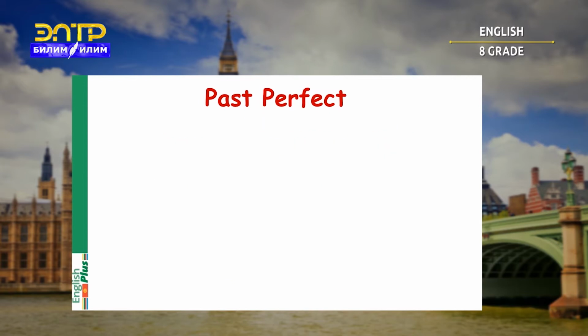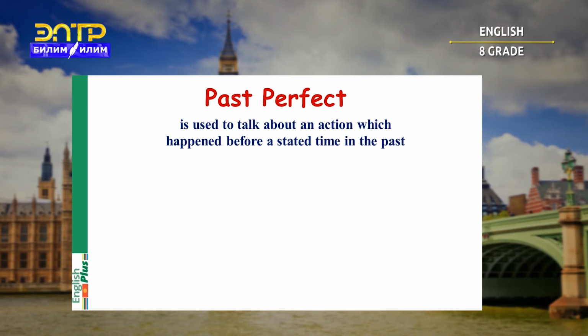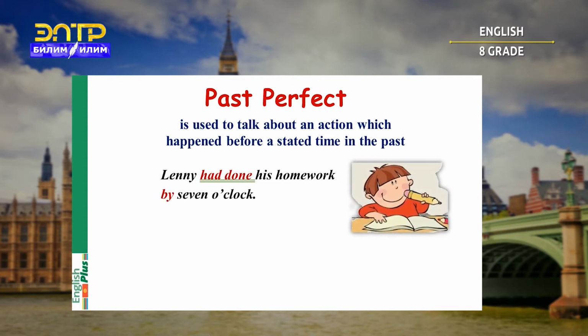Past perfect is also used to talk about an action which happened before a stated time in the past. Look at the example. Lenny had done his work by 7 o'clock. Let's look at the timeline.